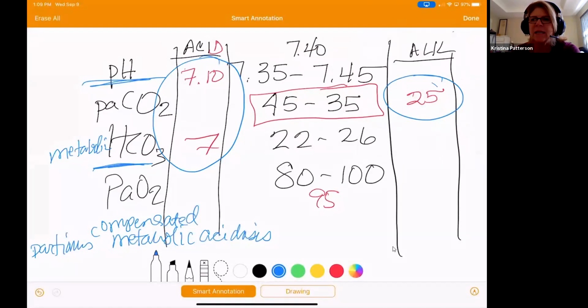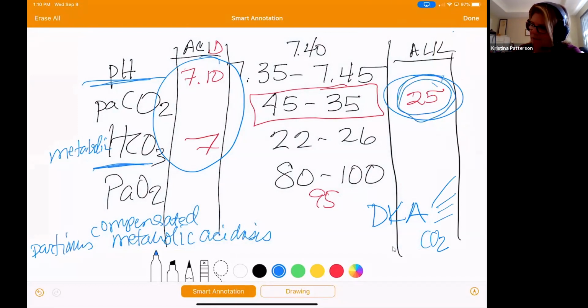Because I want you to see this 25 over here, alkalosis, and how that's partially compensated metabolic acidosis. So if you have your patient with DKA, that's diabetic ketoacidosis, they're trying to blow off CO2. So that's why we have a respiratory alkalosis. We have this compensation.